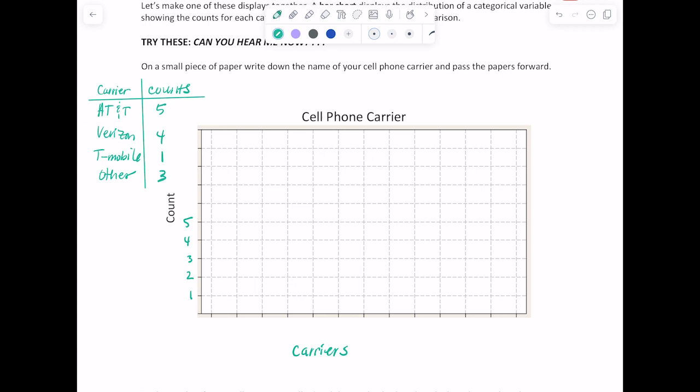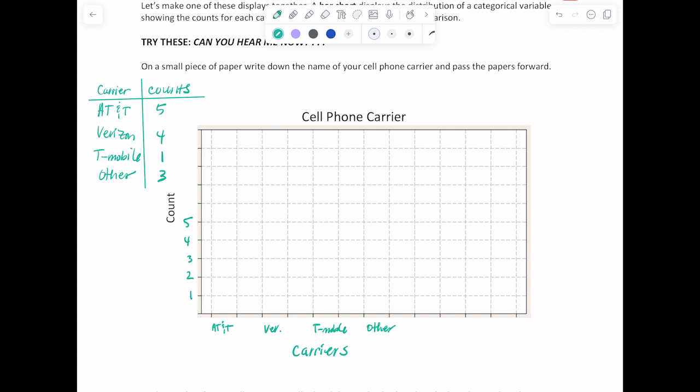I've got my carriers along the bottom, and I would have the names here: AT&T, then Verizon, I'll just call it VER. Actually, let's leave a space. In bar charts, you don't have to put the bars next to each other. Then T-Mobile, and then we'll do other.